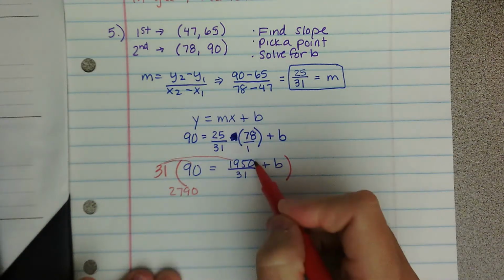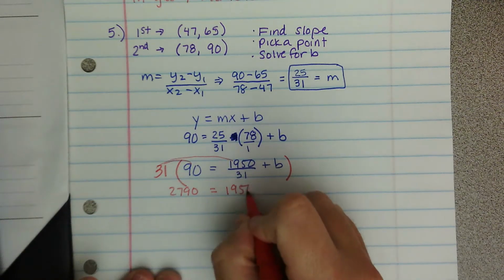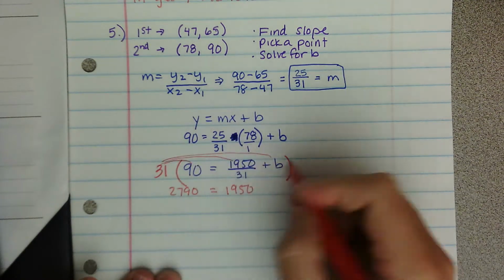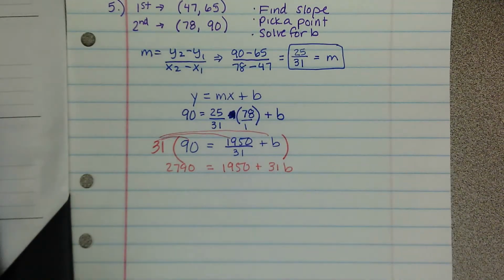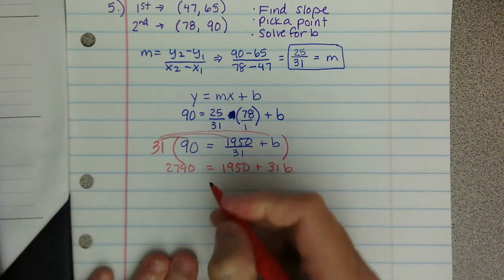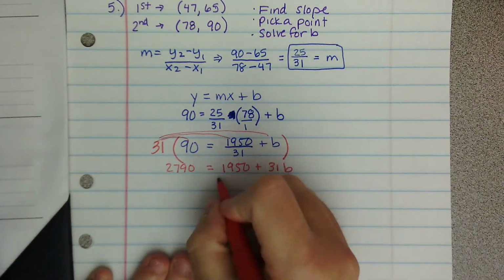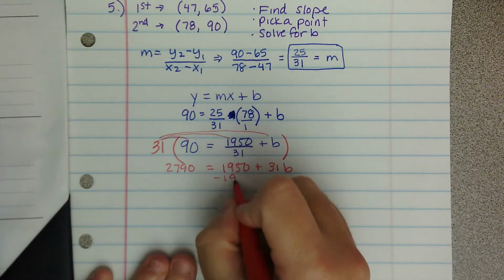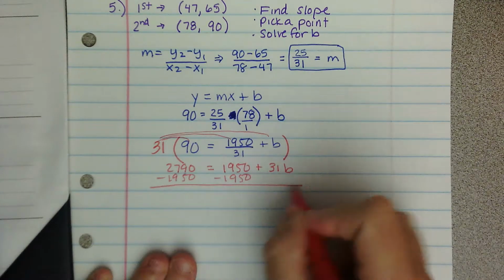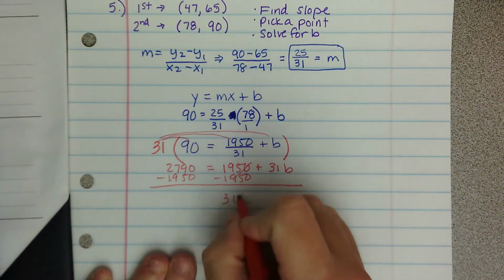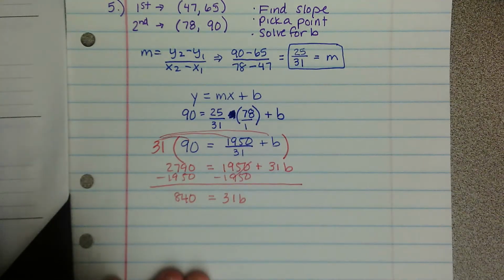When we do 31 times 1950 divided by 31, we're going to end up with 1950. And 31 times b is 31b. Then we're going to subtract 1950 from both sides. And when we subtract that 1950, I got 31b equals 840. And we're going to divide by 31.